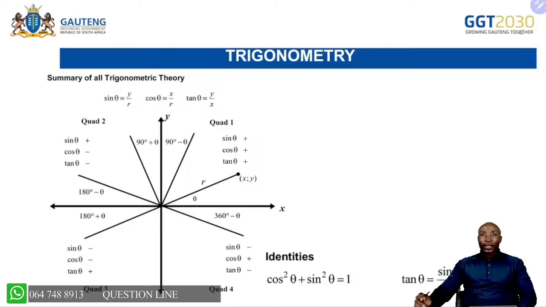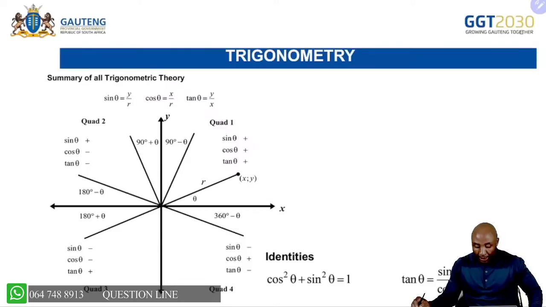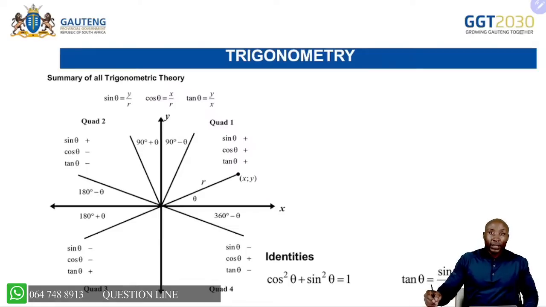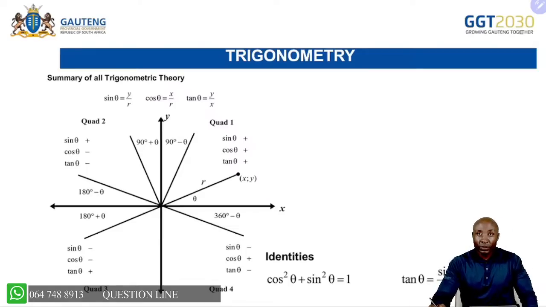The next part will be trigonometry. Our CAST diagram, we must look at our CAST diagram and remember the basic definition. Sine is opposite over hypotenuse, SOHCAHTOA. Then you move from SOHCAHTOA, you go to x over r.